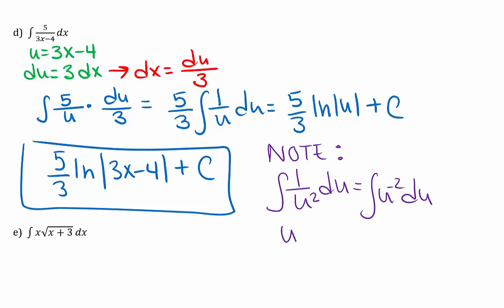Negative 2 plus 1 is negative 1, divide by negative 1, and that would give me negative 1 over u plus c. So again, you only get that natural log when you have a 1 over x to the 1. If there's other exponents, it doesn't give you a natural log.